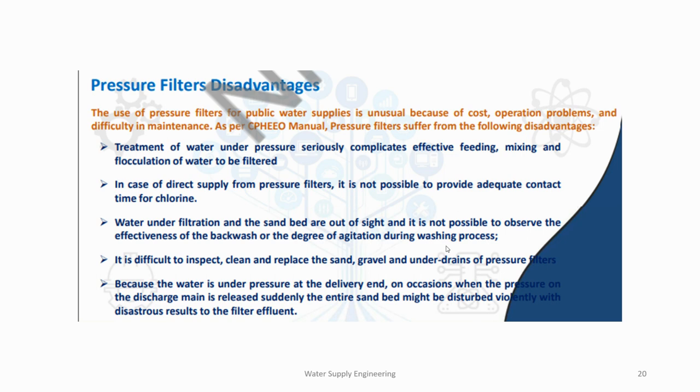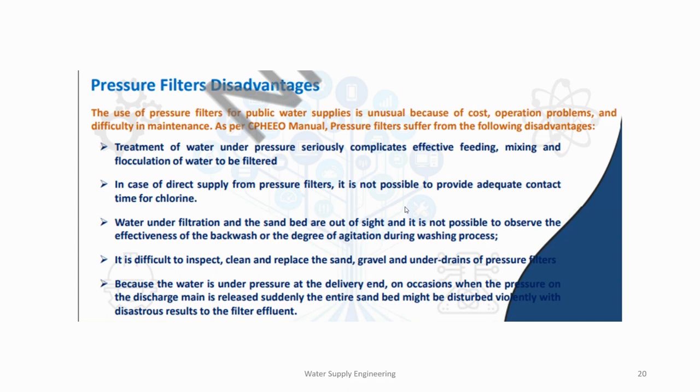So the same will affect feeding, mixing, as well as flocculation of the water to be filtered. And if we are directly supplying treated water from a pressure filter, there will not be sufficient contact time for after chlorination.